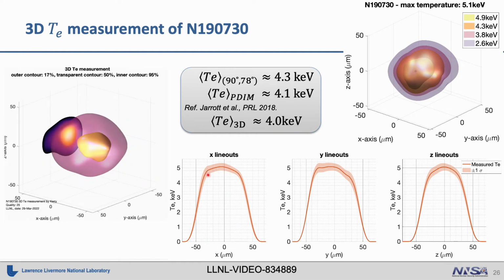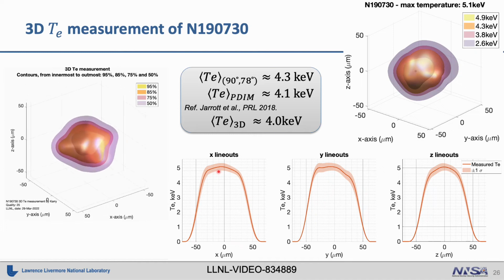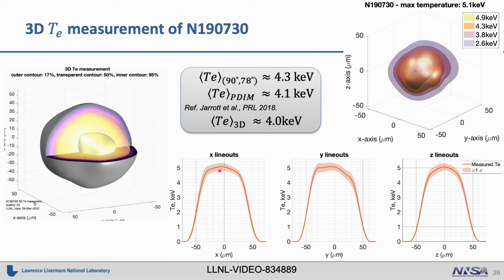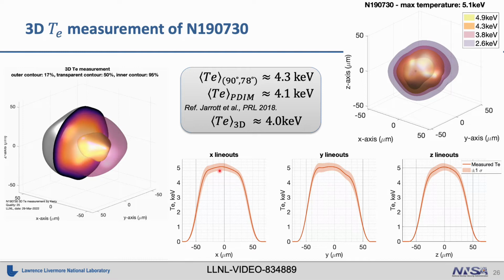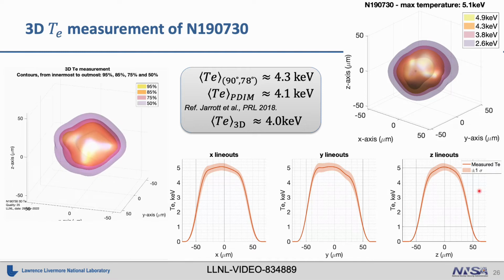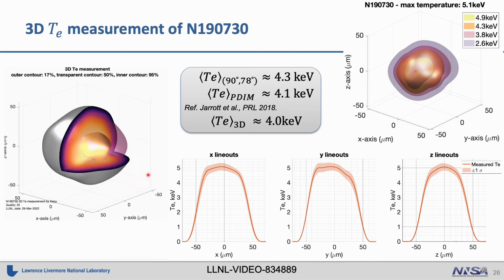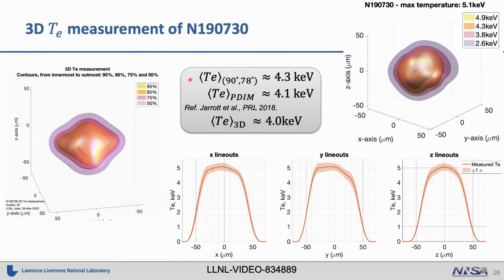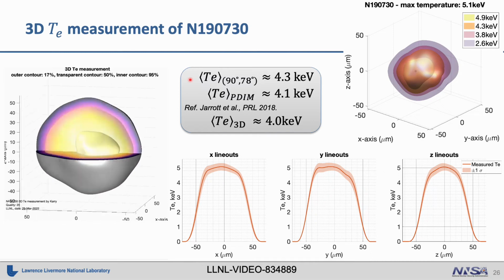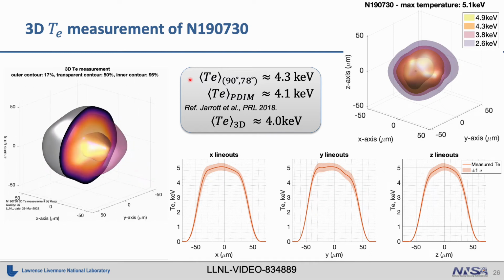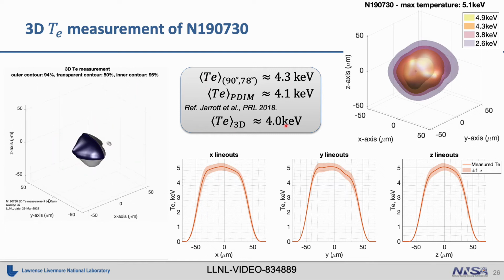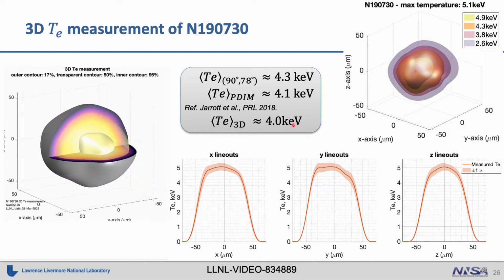Here in the bottom right, the solid red line is the line out of our TE measurement, with the red shaded region being the plus/minus 1 standard deviation. And here on the left is a 3D animated hotspot. We benchmark our result with the spatially averaged TE measurement as shown here. So our 3D TE measurement is consistent with that.